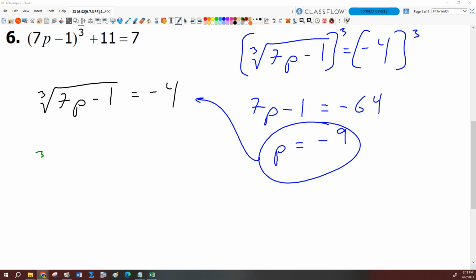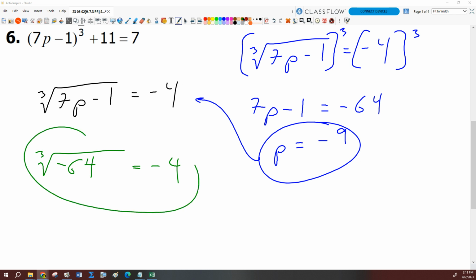We end up with the cube root of 7 times negative 9 minus 1. Negative 63 minus 1 is negative 64. Is the cube root of negative 64 negative 4? It is. Good. So it checks. Okay, so that one's okay.